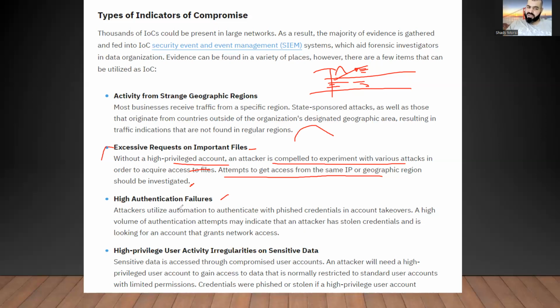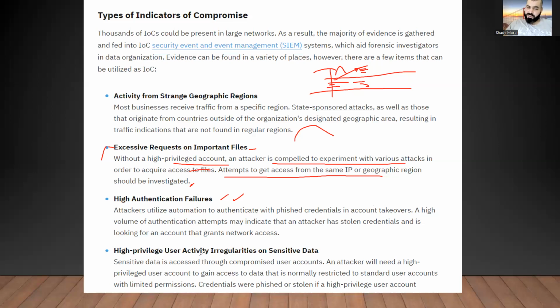They mention here, attackers utilize automation to authenticate with published credentials in account takeover. A high volume of authentication attempts may indicate that an attacker has stolen a credential and is looking for an account that grants network access. So this is an indication of compromise as well.